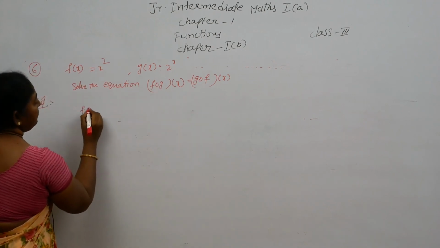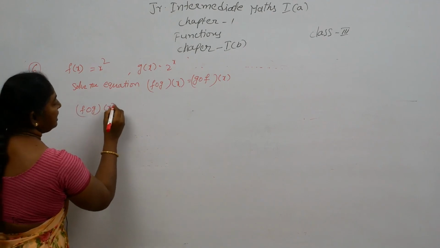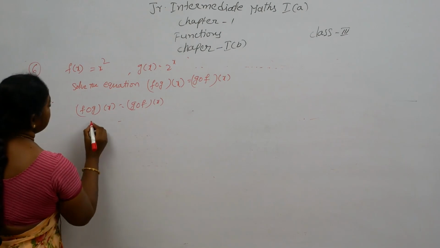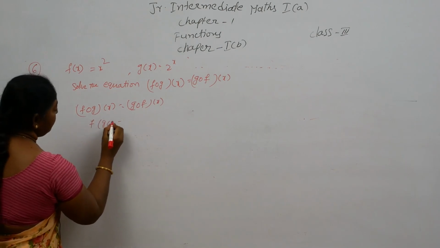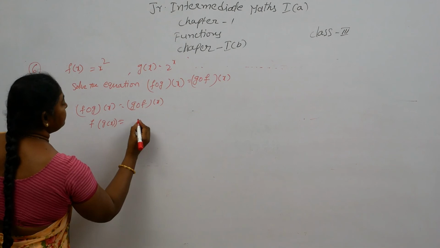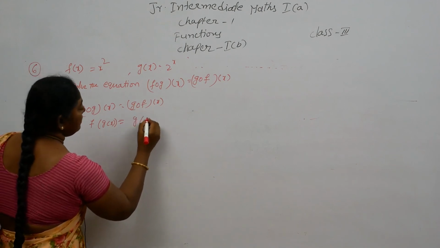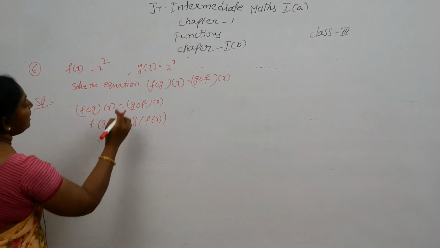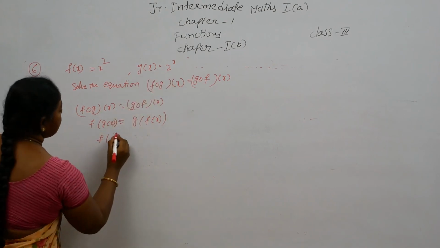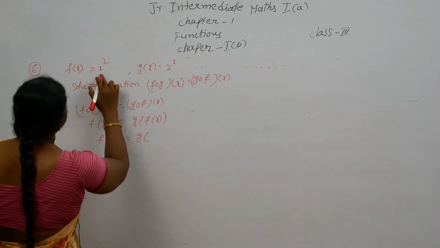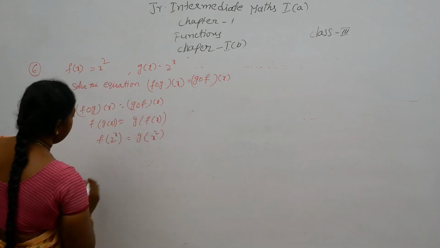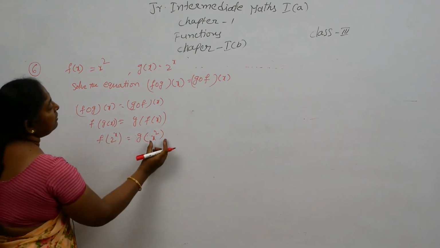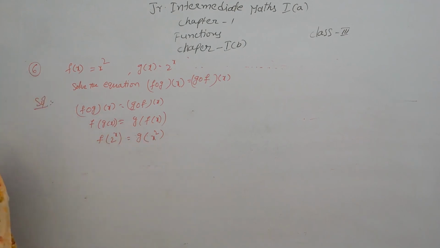So f of g of x equals g of f of x. We substitute the values in place of x in f and g.